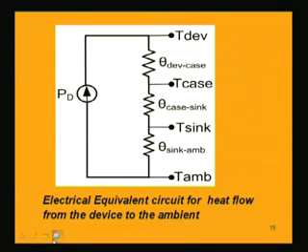So, here a circuit representation of this power flow or temperature change across an element or a device is shown. The electrical analogous circuit is shown here, where theta is the thermal resistance.